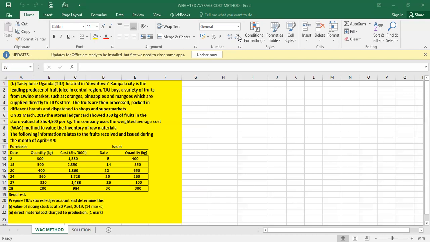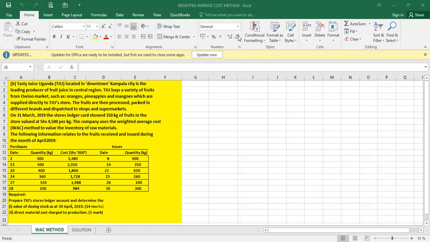The company uses the weighted average cost method, that's WAC, to value the inventory of raw materials. The following information relates to the fruits received and issued during the month of April 2019. We have the purchases and the issues.